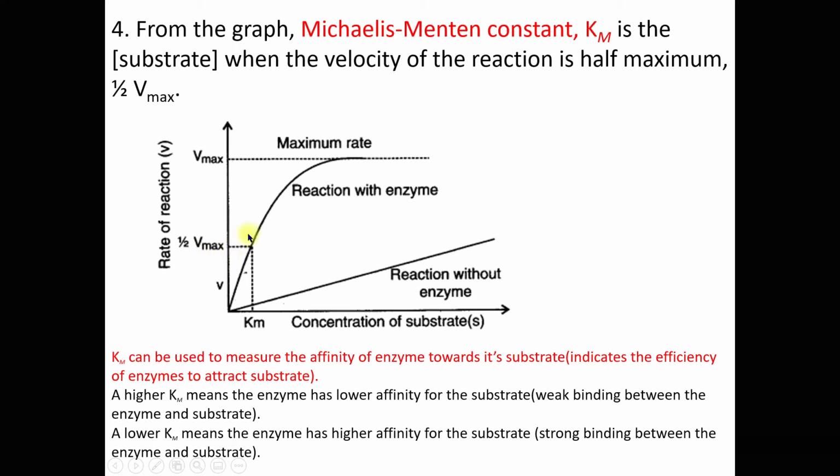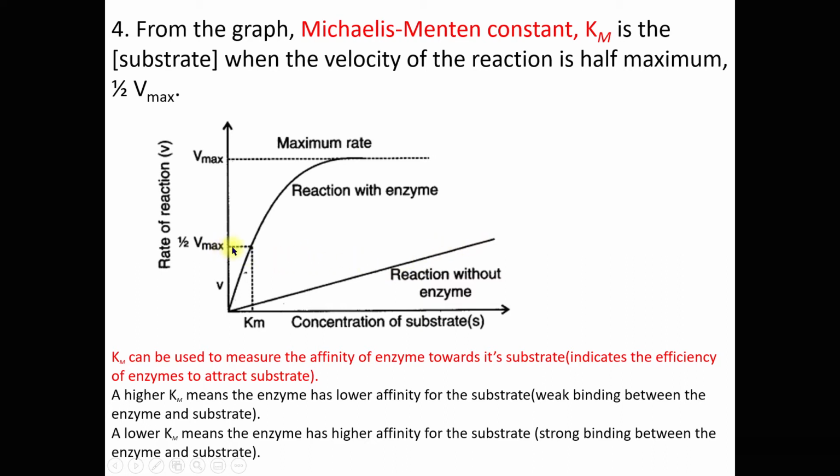Let's say there is another graph here like this: the reaction of enzyme and the reaction without enzyme. Now, at half Vmax, for this particular enzyme reaction, only this small concentration of substrate is needed to reach half Vmax. Now what about this reaction?